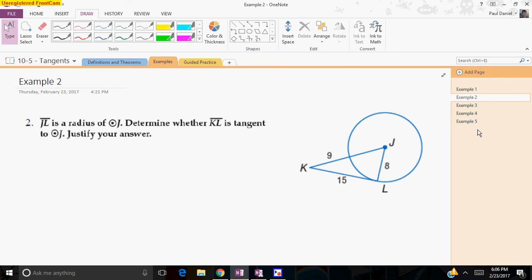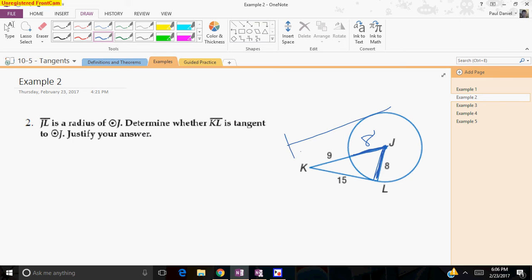If JL is a radius of circle J, I want to know if this line KL is tangent to J. Okay, so if I know that this right here is 8, then I know that right there is 8. So that means I have a right triangle with 3 sides.